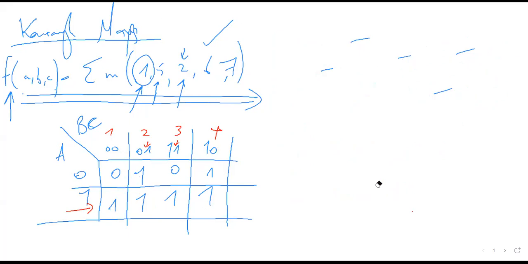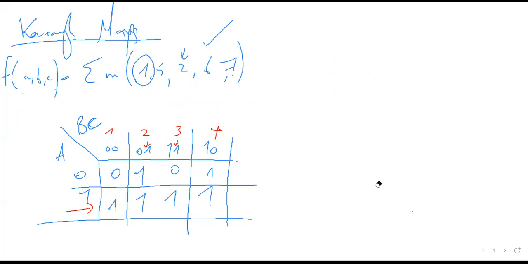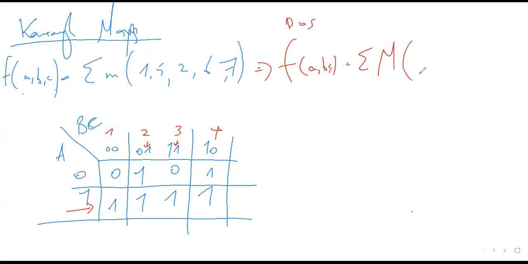So if we are now dealing with the zeros, how do we change the notation? Can anyone help us there? How do we change the notation if we're using product of sums? How does F change? What do we have inside there?